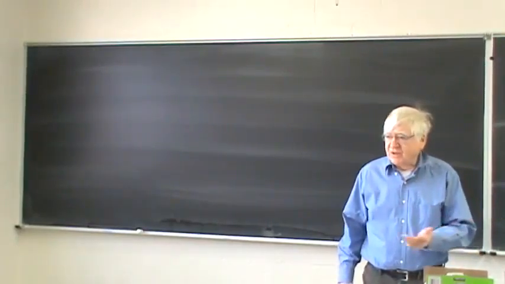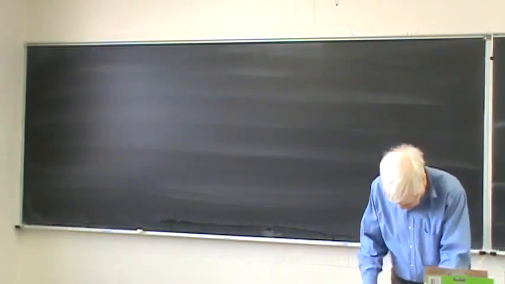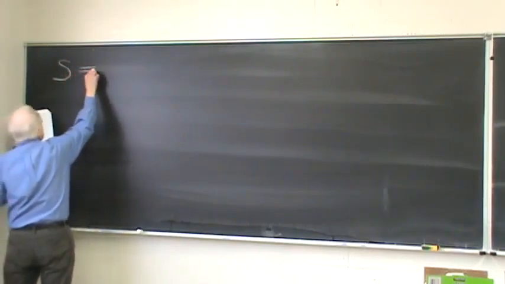to start by talking about the particle in the gravitational field. And I'm going to start out with the complicated version, but I'm not going to go through it in detail.